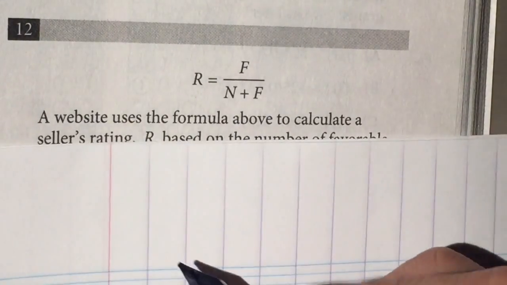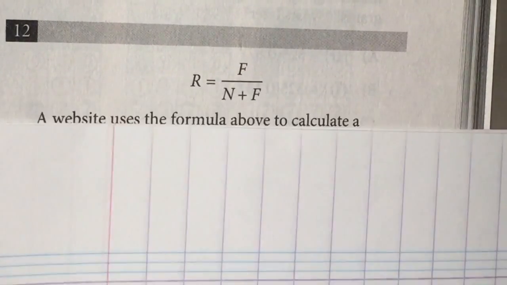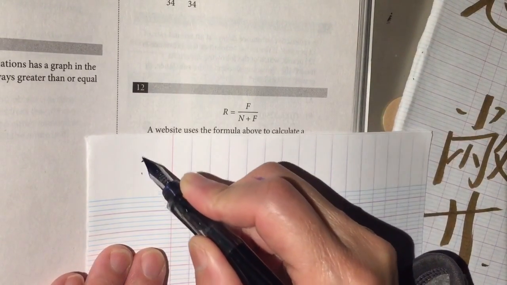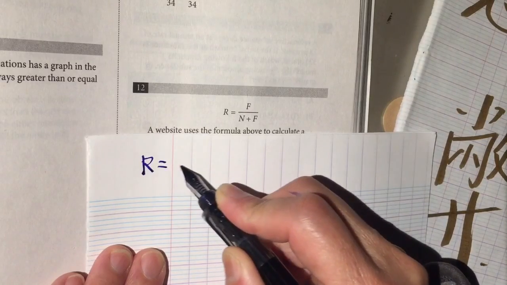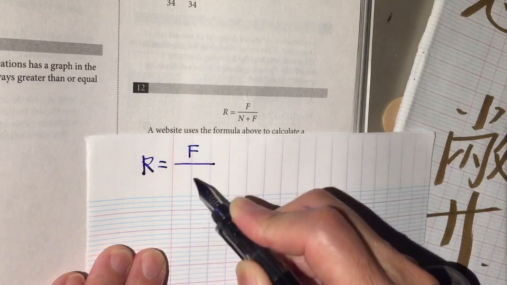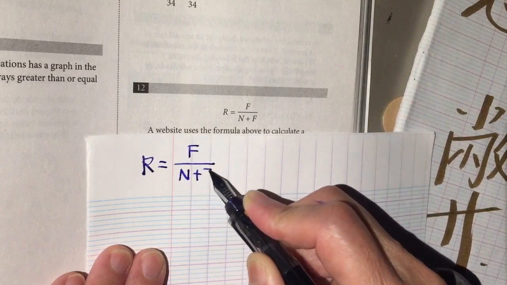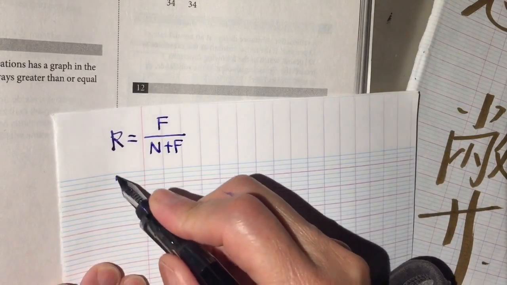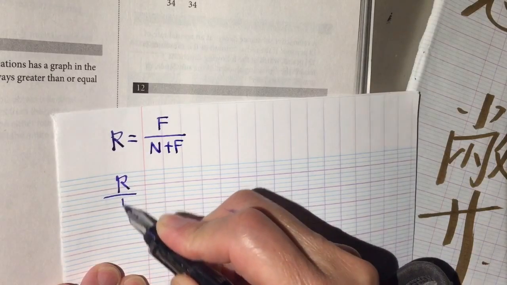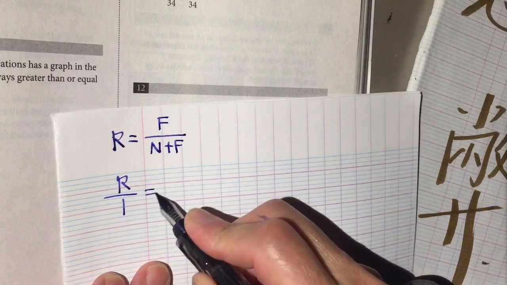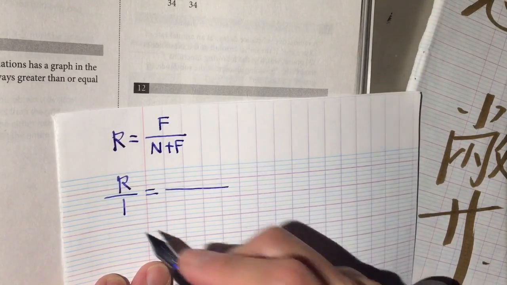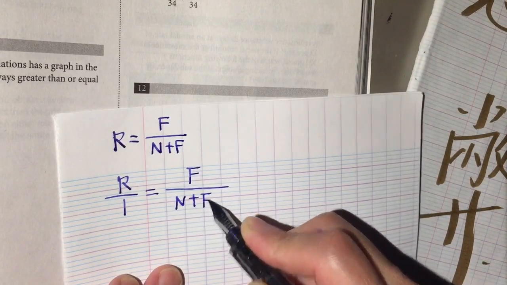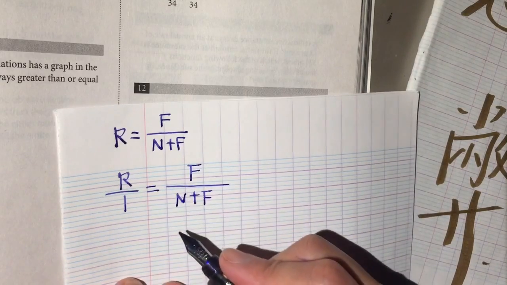We already have the equation, so first copy this equation. I will shrink it a little bit so that we can see a full picture of this. So in mathematics, we can do this: R equal R divided by 1, F over N plus F. I didn't change anything from the beginning to now.